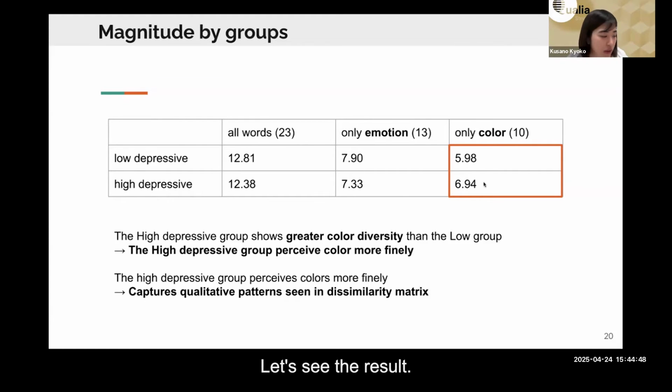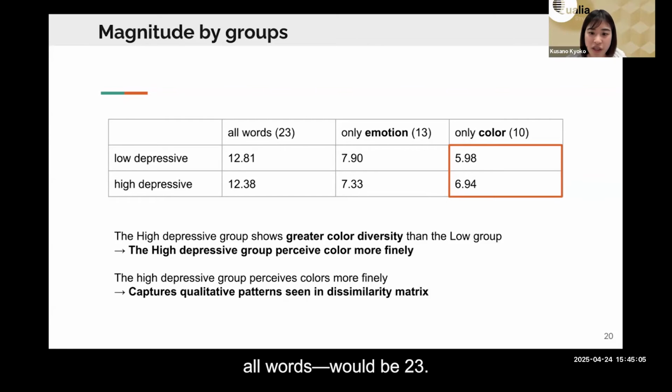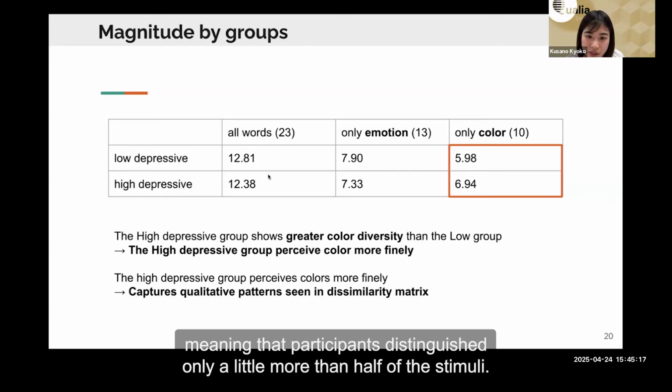Let's see the result. This column shows the magnitude calculated for all word combinations. Since there are 23 stimuli, the ideal value, if participants perfectly distinguished all words, would be 23. However, the actual values were 12.81 and 12.4, meaning that participants distinguished only a little more than half of the stimuli as categories.